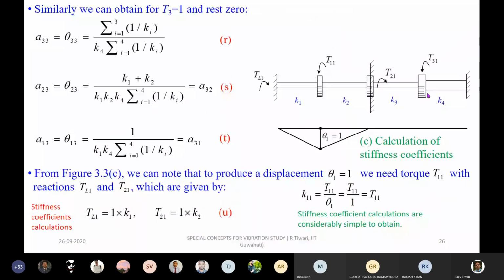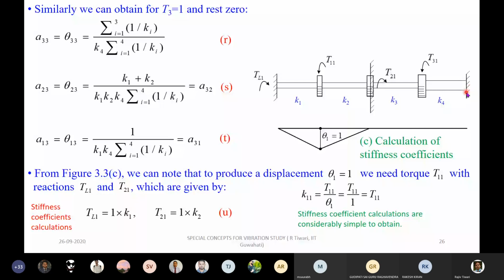So this figure is the same here. We are giving theta1 displacement at the first disk, and so what is the torque needed to do that? And the reaction, because we are fixing here. Once we are fixing here, this will also remain fixed, so it will not have any displacement.